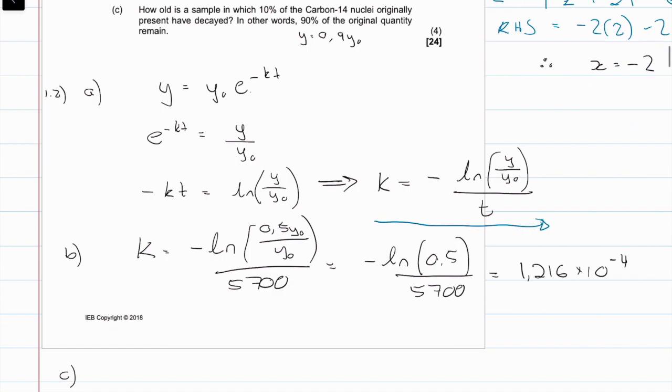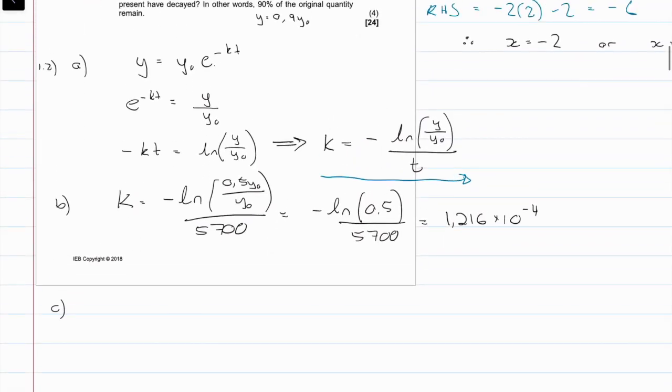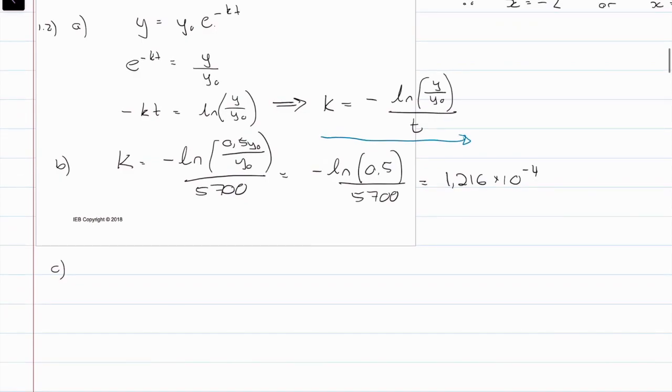Okay, so we want to solve for t. So the first thing I am going to do is make t the subject of my formula.